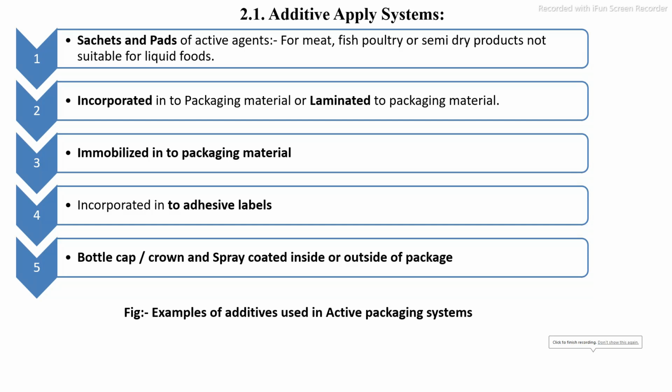How do we apply the specific additives in food packaging? The first system is the sachet and pad system, in which the additives are packed into a sachet or pad and are in direct or indirect contact with the food. The second is incorporation into the packaging material, in between its layers. The third is immobilization into the packaging material by a specific bonding system.